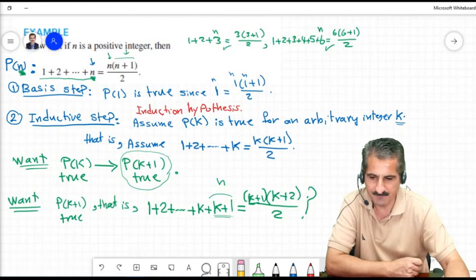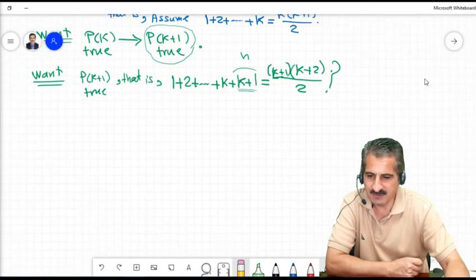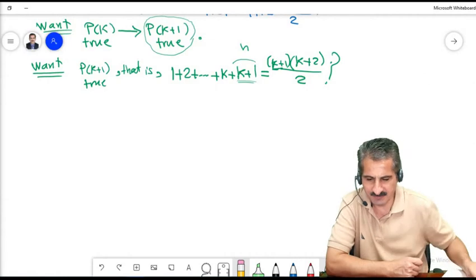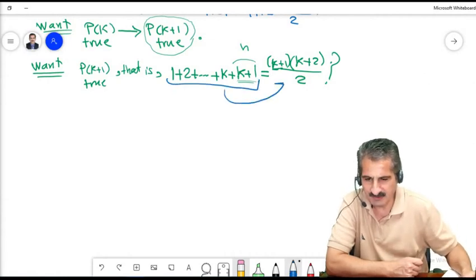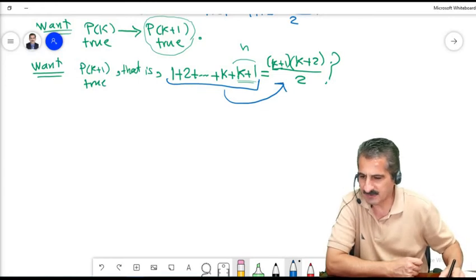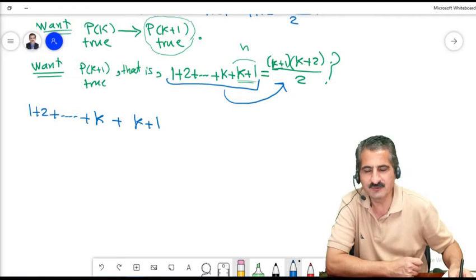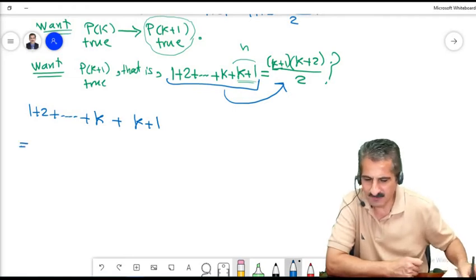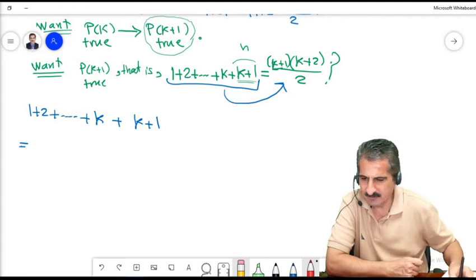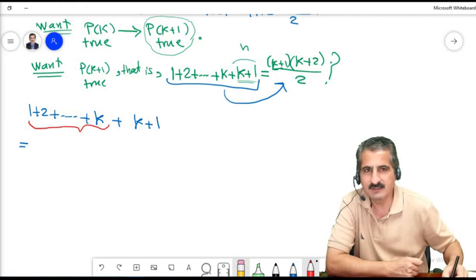Now, let's write this part. Let us rewrite it. So we want to start in here and end up in here, right? So let's start. 1 plus 2 all the way plus k plus 1. Equals what? This equals, now we know what this equals to, right? By induction.